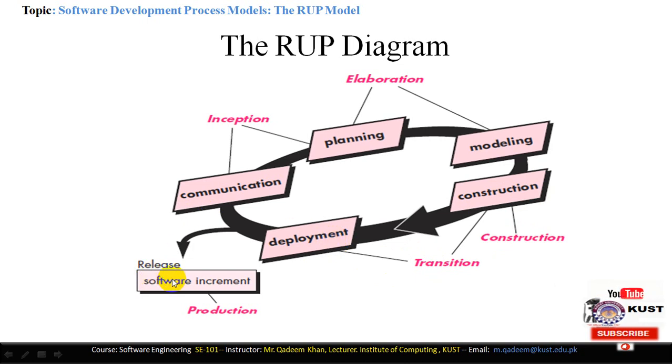And in the end we have the release phase, also called production phase, in which we will monitor the product. Here we will perform the software increments and the product is released to the customers. But here we will monitor whether certain problems are arising or not. For example, if the customers identify different sorts of errors or bugs, then we will correct all these bugs.